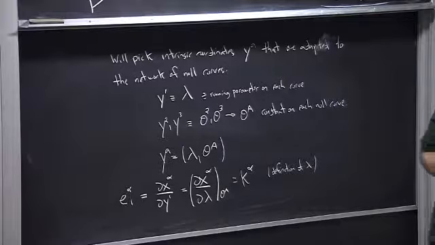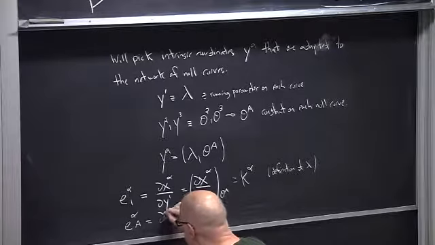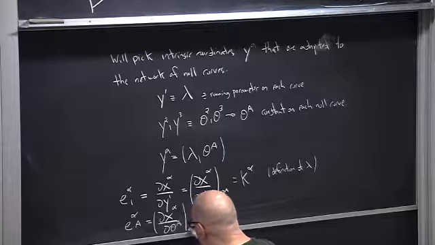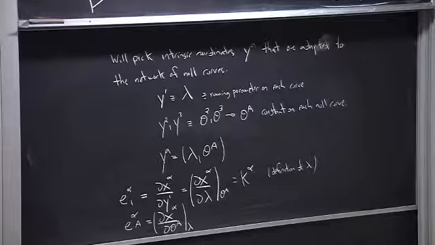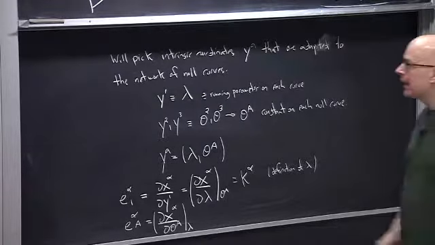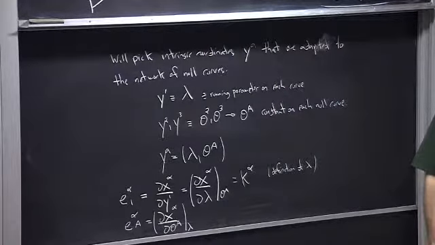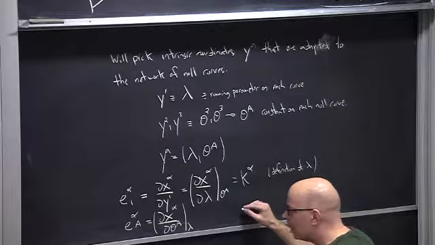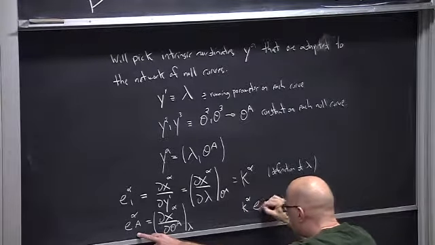The other guys, keeping lambda fixed, are just my other tangent vectors. And one property that I will impose, again, that has to do with the latitude that I can pick in various labels and various things that will be constant on curves, is that these guys will be orthogonal to k.